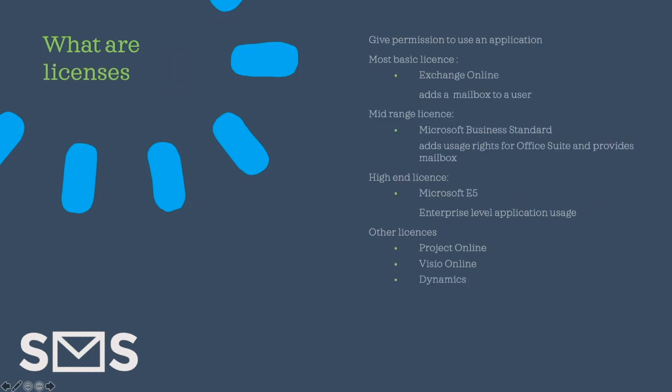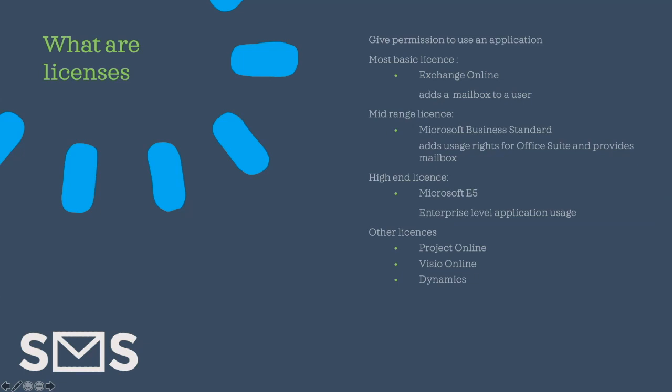Licenses are the means by which users are granted usage rights for things like Exchange Online, for a mailbox, Teams, Office 365 as either online only or a downloadable copy, for example.